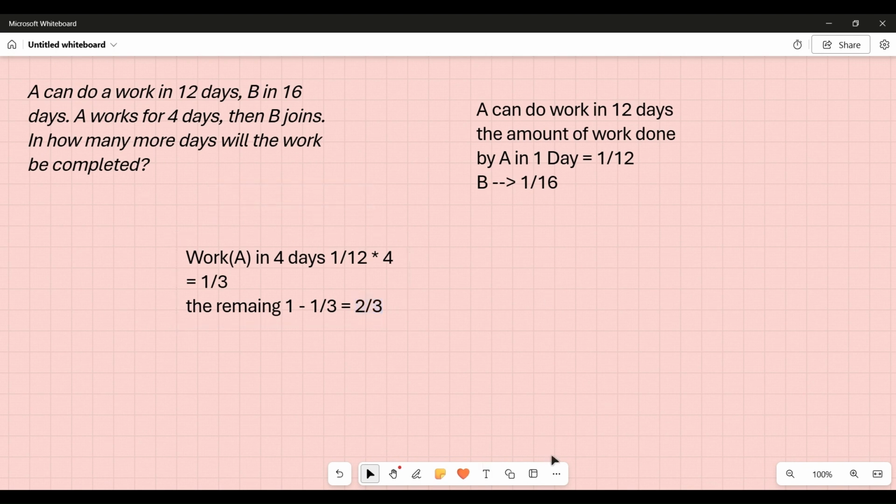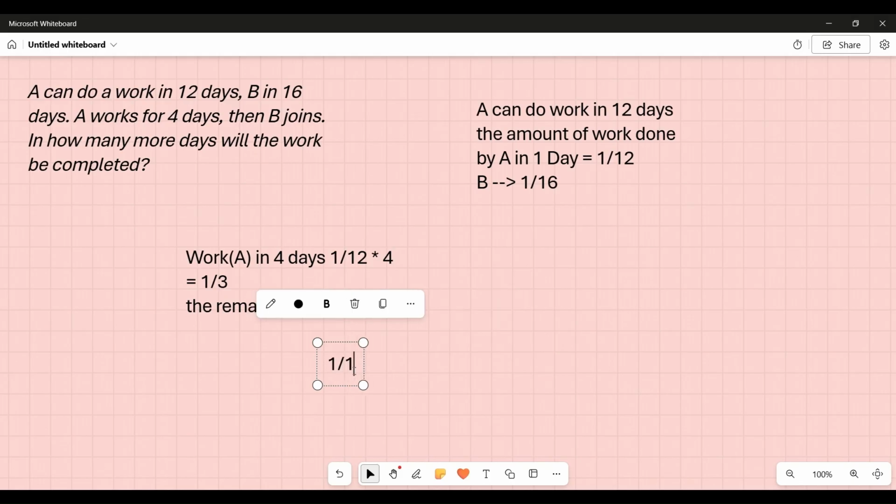Now we will calculate the total work done by both A and B in a particular day. It can be calculated by adding the work rates of both persons.